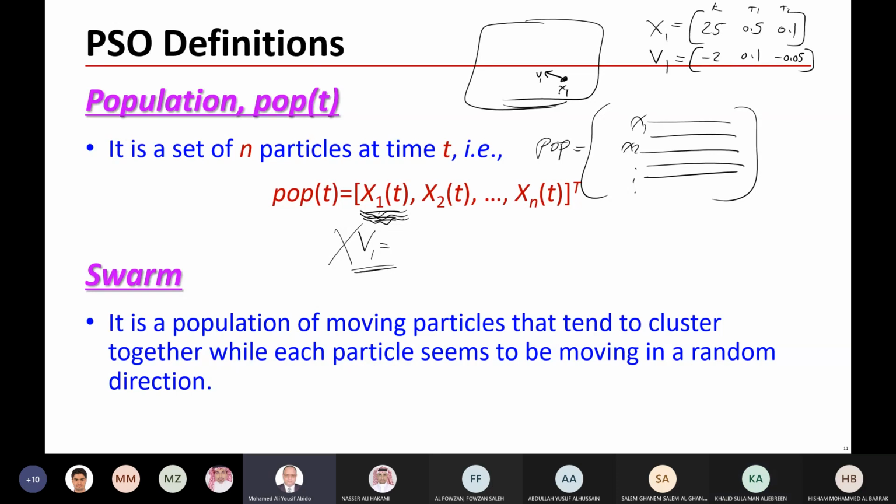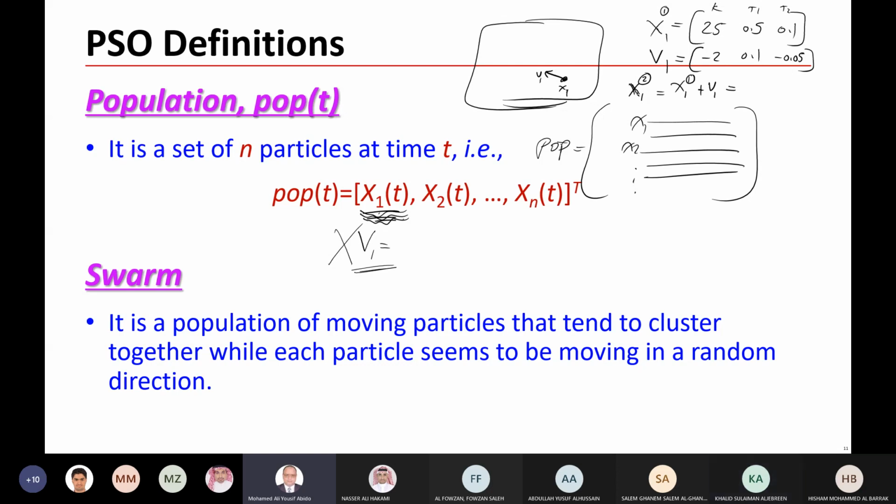Now, this particle will update its position. It will update x1 prime, or x1 at iteration 1. Here, x1, this solution in iteration 2, will be equal to the old position plus the velocity v1.